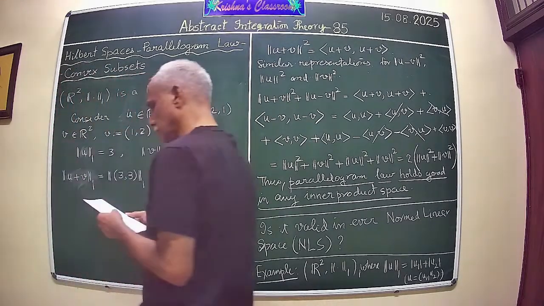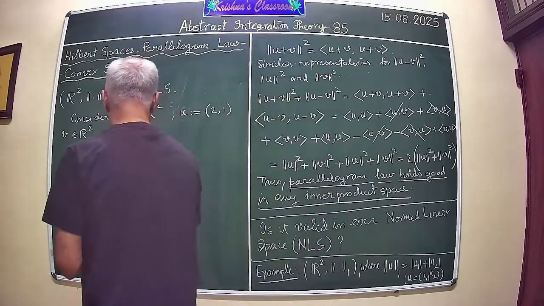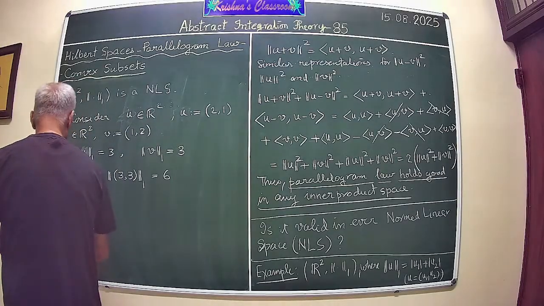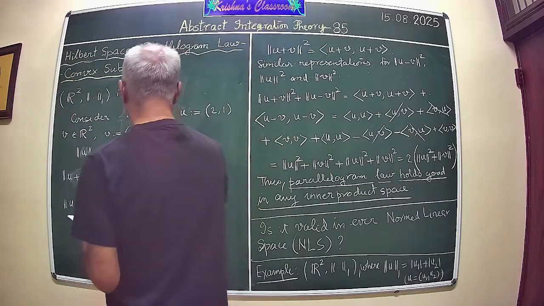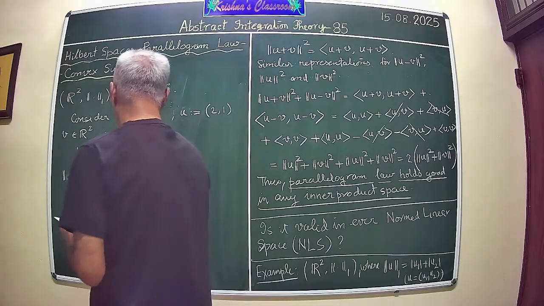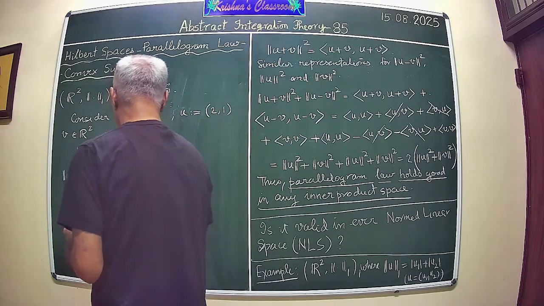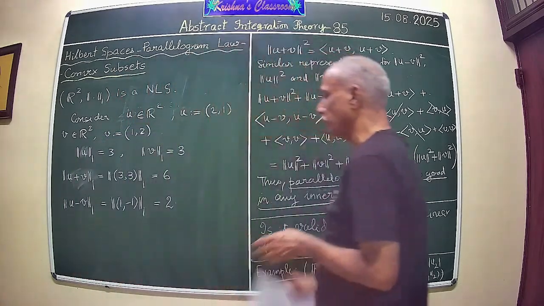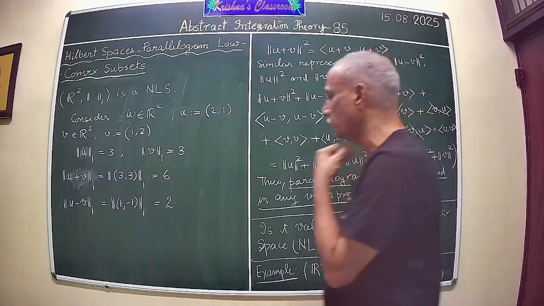Norm 1 of 3, 3, and that's equal to 6. Norm of u minus v is what? U minus v is actually 1 and minus 1. This is equal to 2.